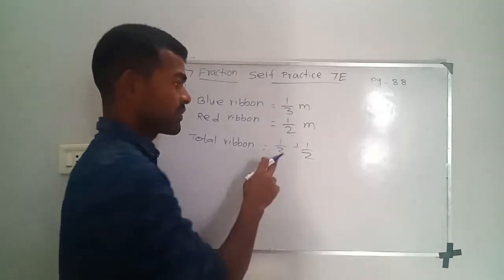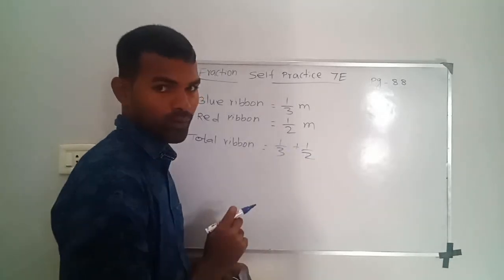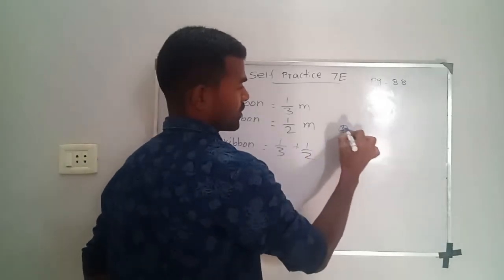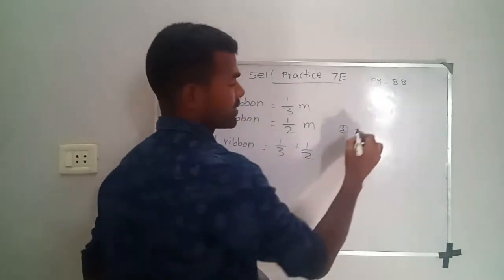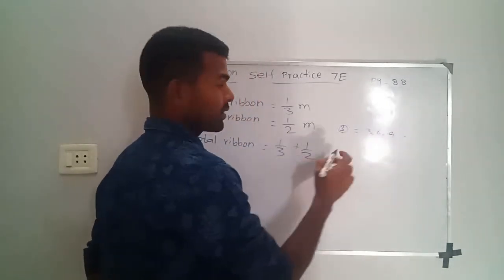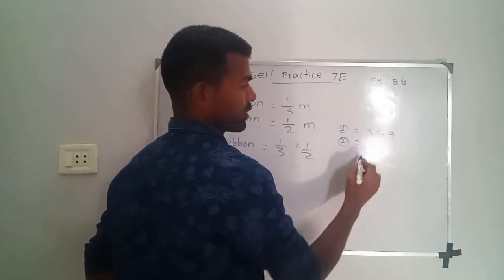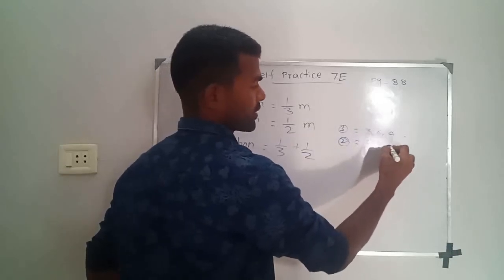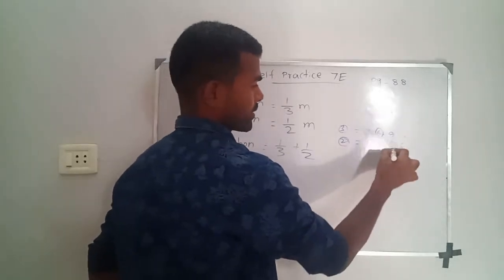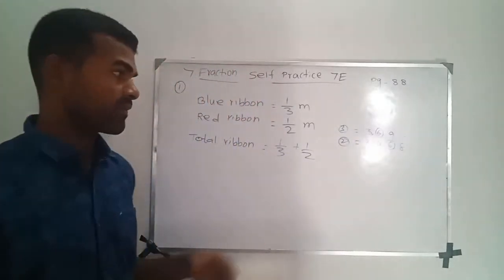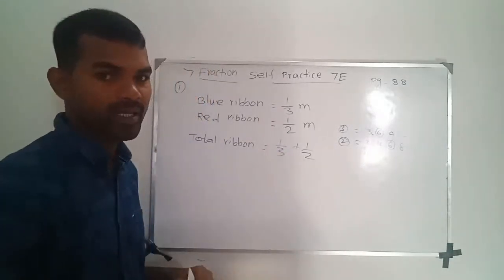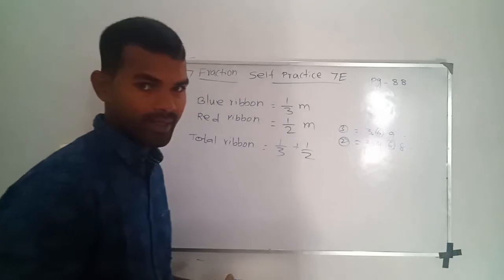For 3, you know the 3 table: 3, 6, 9. Write the 2 table: 2, 4, 6, 8. See, 6 and 6. Which multiple comes first? 6. So the LCM is 6. Got it?